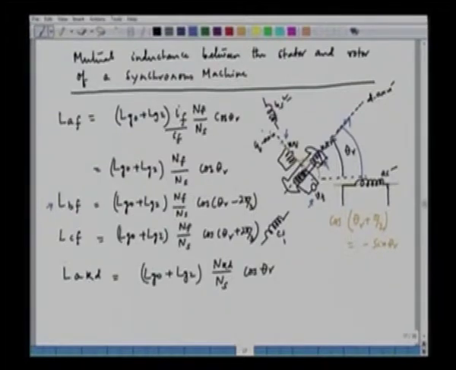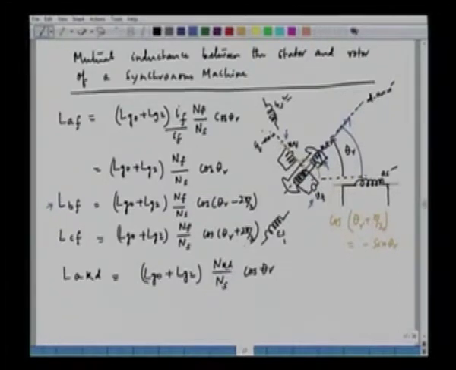And similarly we can evaluate LCF, that is (Lg0 plus Lg2) into NF by NS cos of theta r plus 2 pi by 3, because phase C is further 120 degrees ahead of phase B, and hence we have cos theta r plus 2 pi by 3.